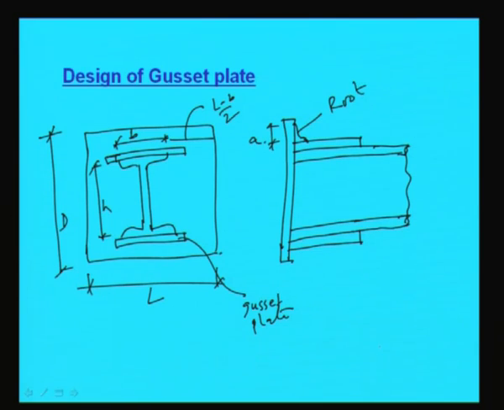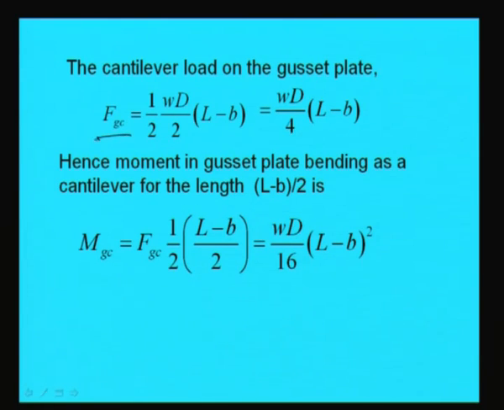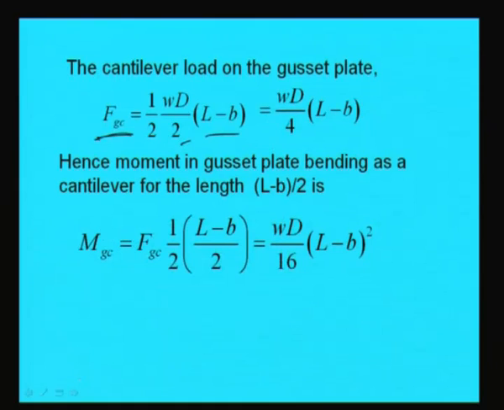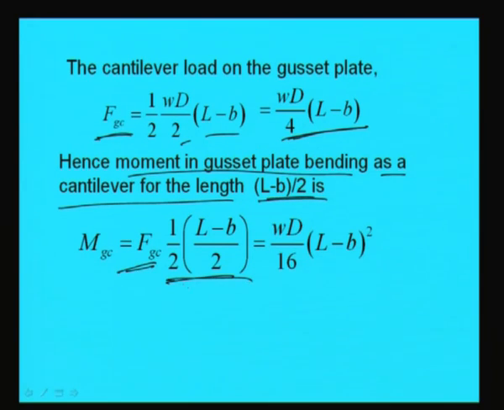Now if we calculate the cantilever load on the gusset plate, and term it as F, then it is half into wD by 2 into L minus B. So the cantilever load will become wD by 4 into L minus B, and the moment in the gusset plate as a cantilever for the length of L minus B by 2 will become load into distance by 2.